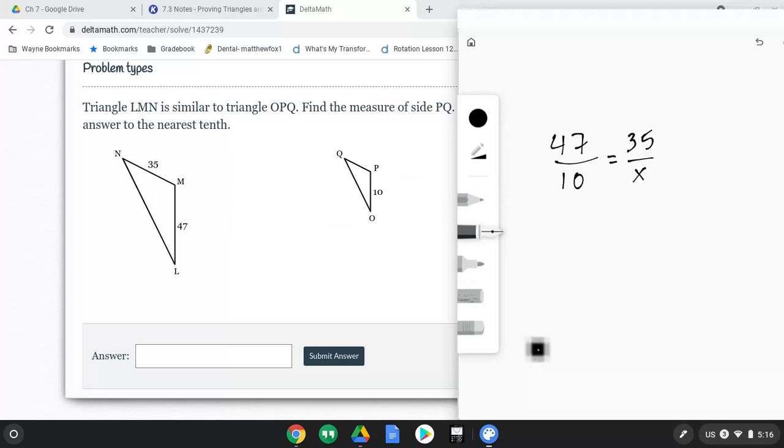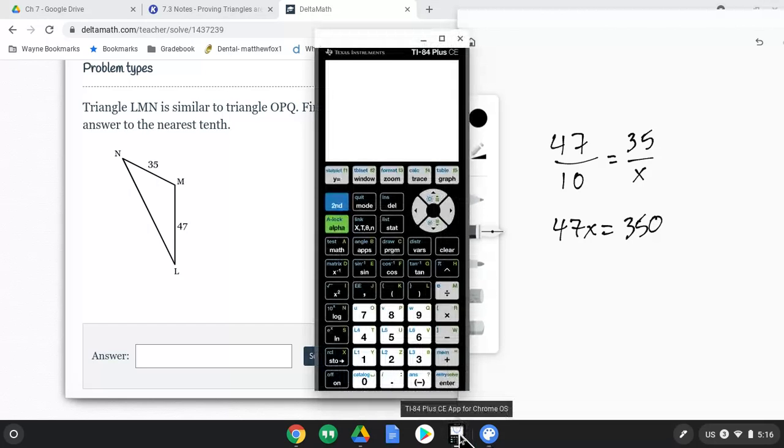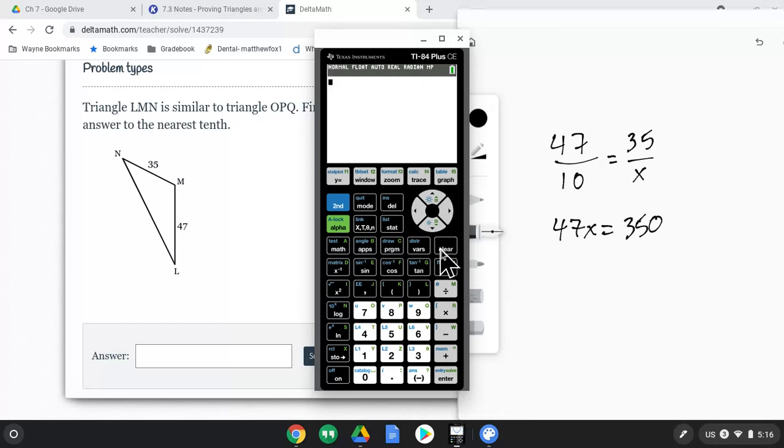But we know that since they're similar, it has to be proportional. We can cross multiply: 47x equals, now 35 times 10 will be 350. When we divide this, pull up a calculator. I don't expect you to do it in your head, especially when we're going to the nearest tenth. So 350 divided by 47. And now, here's where we need to be careful.